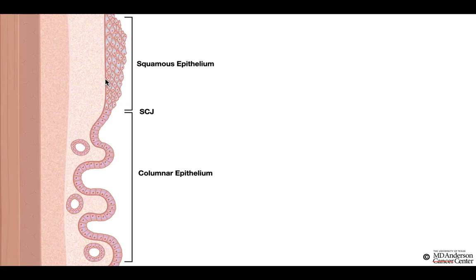Instead, it is multi-layered. And the cells, instead of being columns, are round or flat like scales. And this is a squamous epithelium. And we will find out a little more about these issues later on.